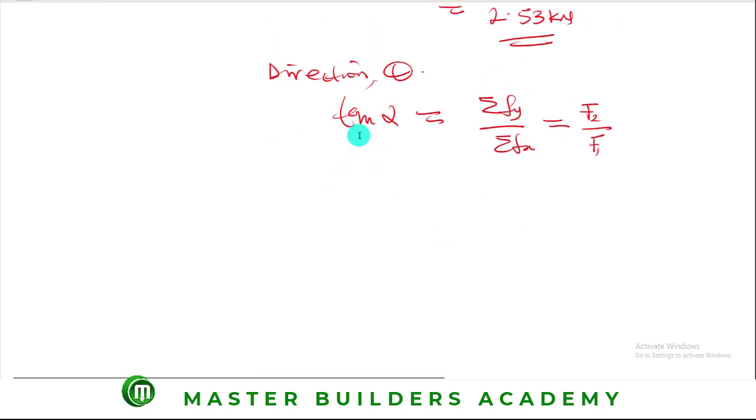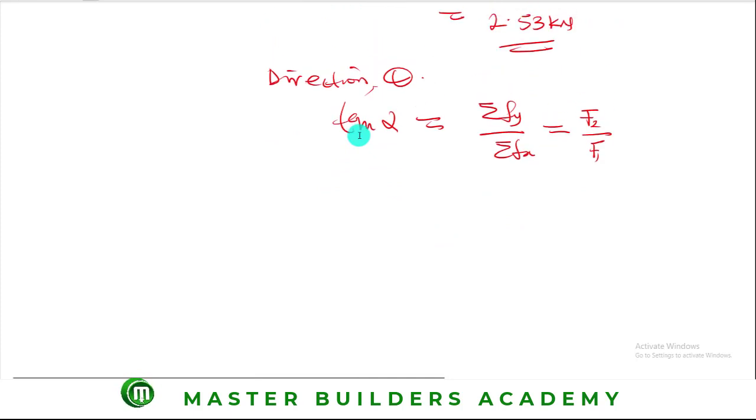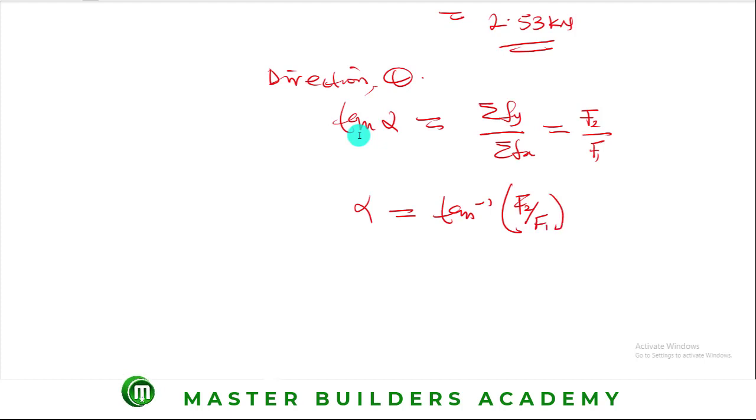Now, by the time we make alpha the subject of formula, we'll have that alpha is equal to tan inverse of F2 over F1.